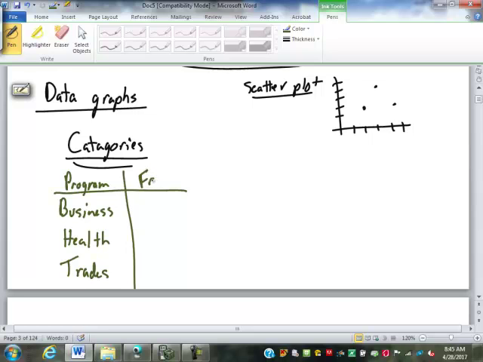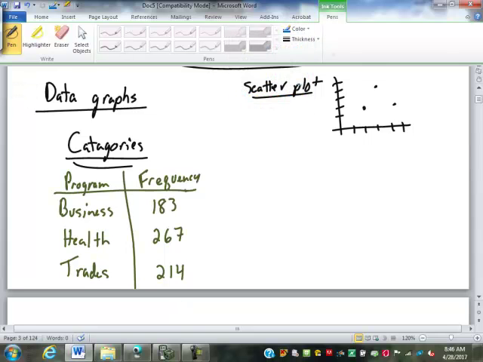Technically, the amount that are in each is referred to as a frequency. And let's say that we take a group of students. We'll just stick to the Rice Lake campus here to keep it a smaller number. Let's say that the business has 183 students. Health has 267. And the trades have 214 students.